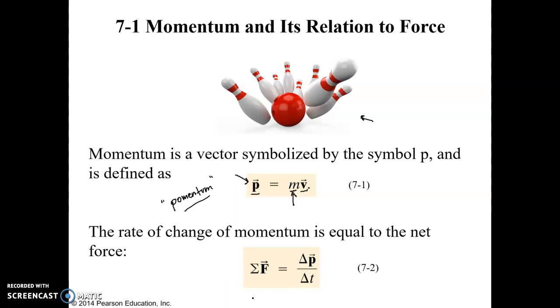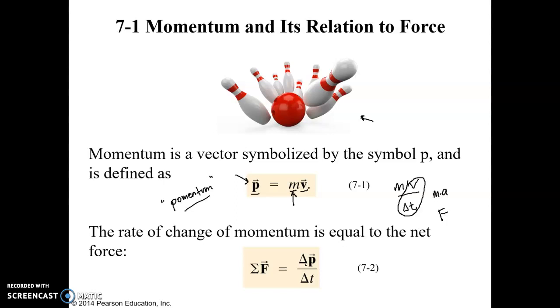And if we look at it in this different way, if we take our mass times velocity and we change it in some amount of time, the change in velocity over time is acceleration, and m times a, according to Newton's second law, is force.